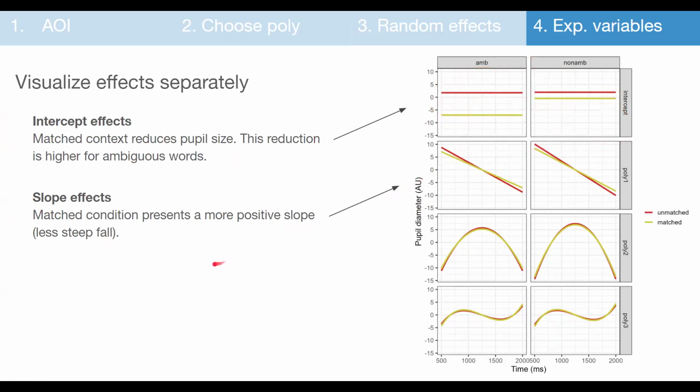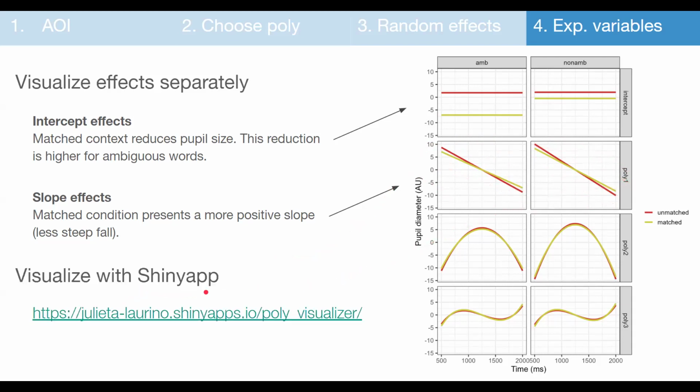And then we also found significant effects in terms of the slope. We saw that the match condition presented a more positive, or what I told you, less steep fall than the unmatched condition. And this is what we see here. You see that the slopes are both negative, but the match condition presents a less negative or a more positive slope than the unmatched condition.